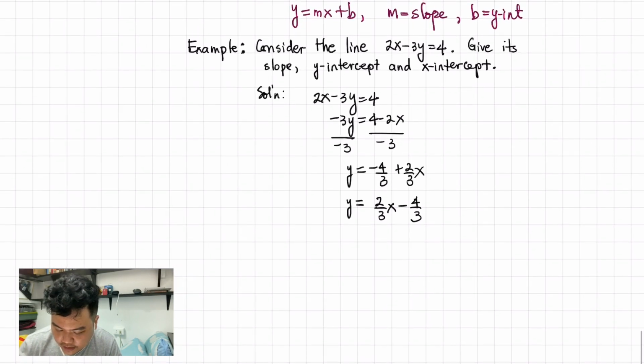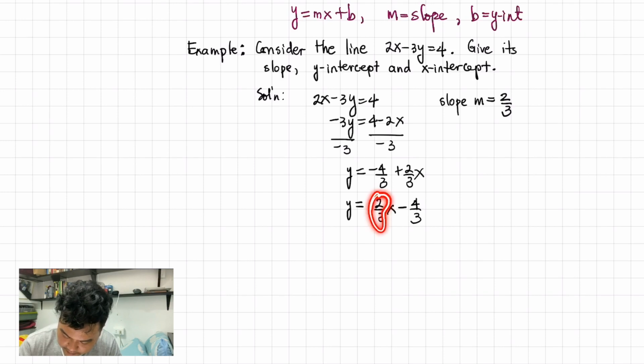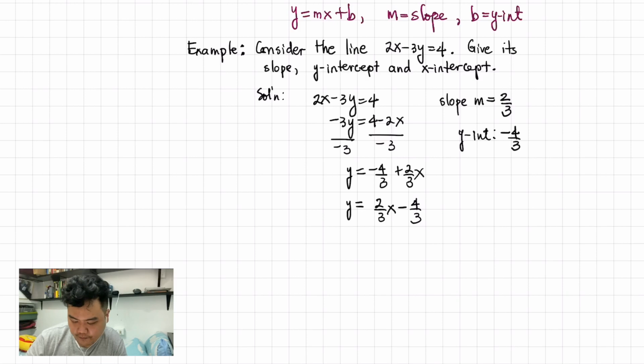Okay, so the equation is now written in the form y equal to mx plus b. So the slope m is 2/3. That is the coefficient of x, the number beside x. And the constant, that is the y-intercept, so negative 4/3. So that's how you solve for the slope and the y-intercept given the equation of the line.